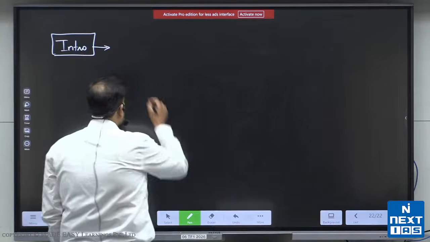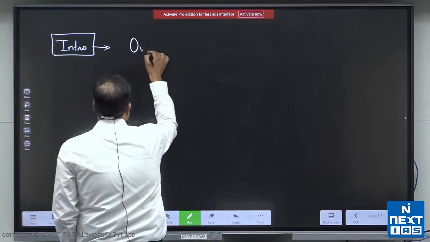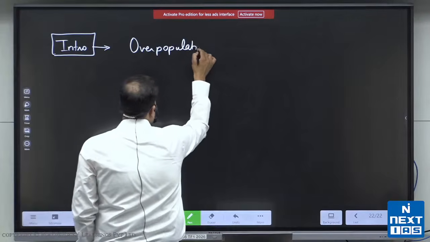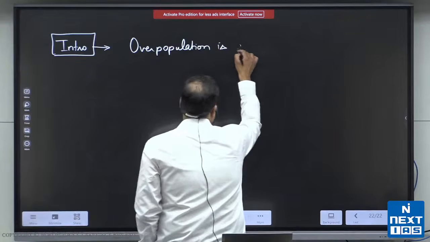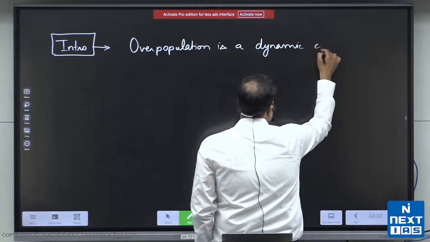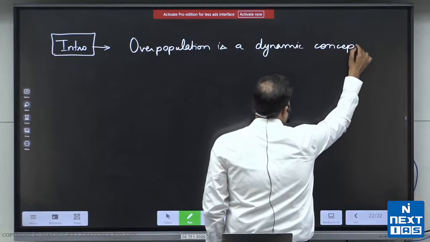सो आई विल से, overpopulation is a dynamic concept.